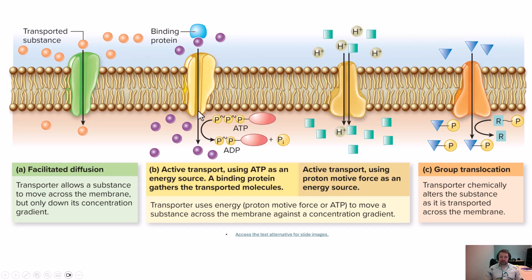It opens the gate, changes the protein's conformation so material can flow through. Or you can do it like the electron transport chain, where you utilize electrons to charge that and pull or force that material through. Okay, and then the third one is what we call group translocation.